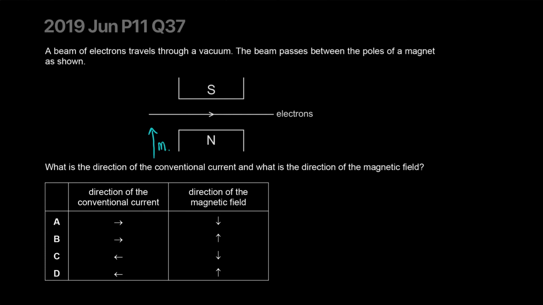Okay, that's interesting. So with respect to these electrons, there's so-called conventional current. Let's say you have a wire in which I is flowing this way. That means the current is coming out from the positive end and then going to the negative end.